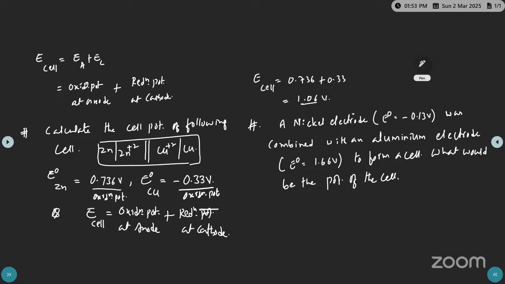Of these two electrodes, the one with higher potential acts as anode, and the other as cathode. So observe the potentials. E naught of nickel electrode is minus 0.13 volts.